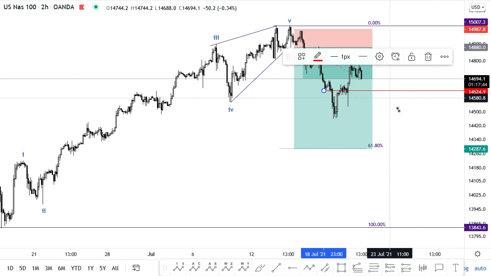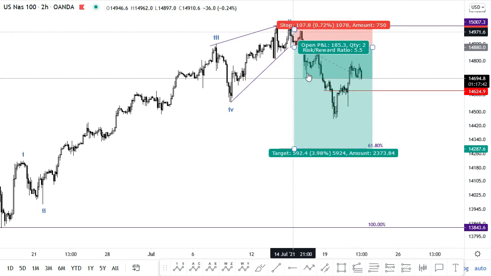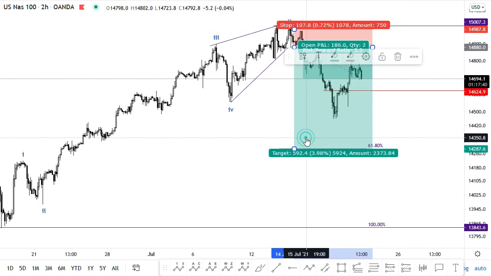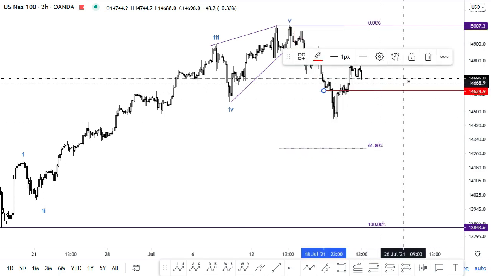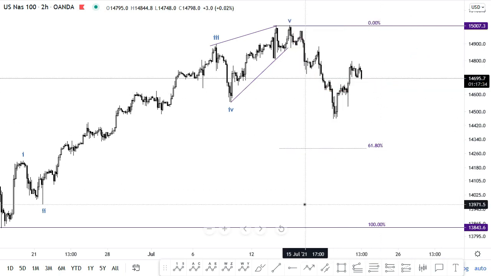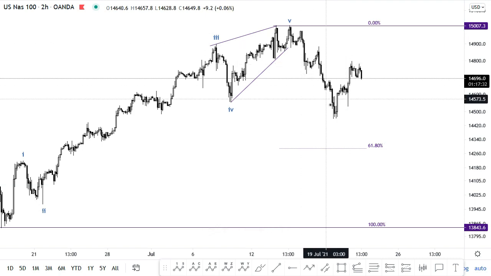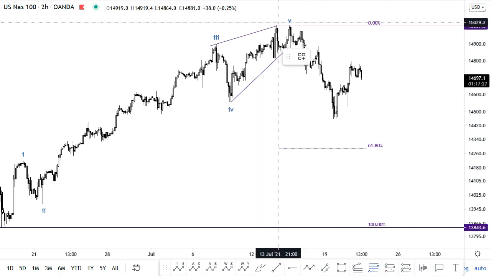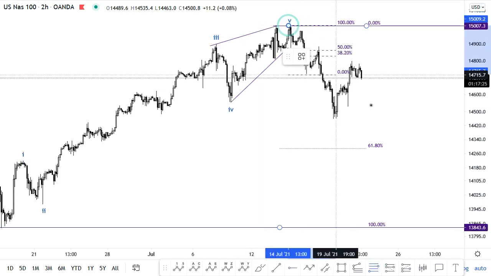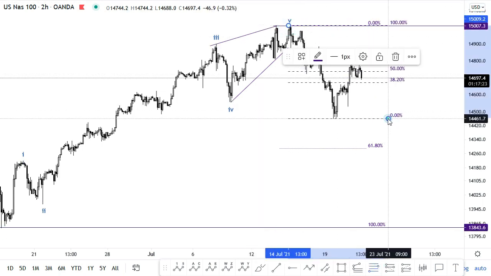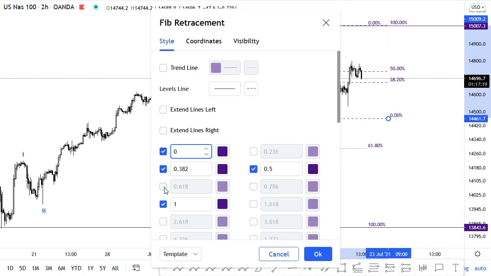As I said, I'm expecting a 3-wave correction, so let me delete this one. It is not relevant anymore. So this is my wave A, then wave B. Measuring the retracement, wave B might have ended at the 50% level or the 61.8 level.